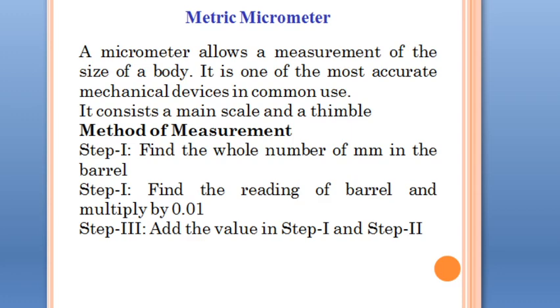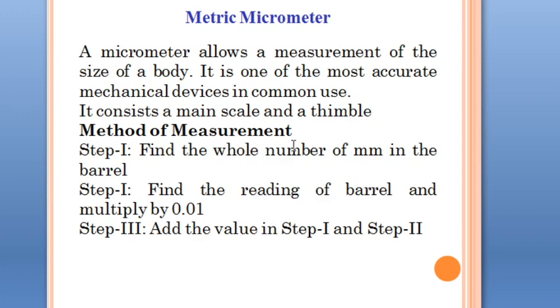The method of measurement in a micrometer. Step 1, finding the whole number of millimeters on the barrel. Step 2, finding the reading of the thimble and multiplying it with 0.01.